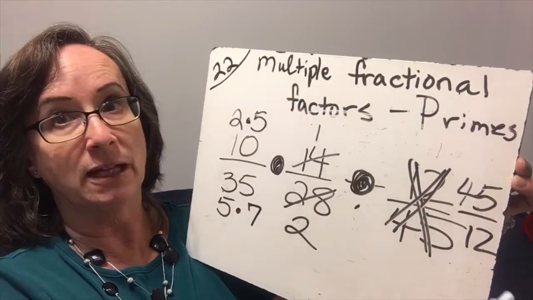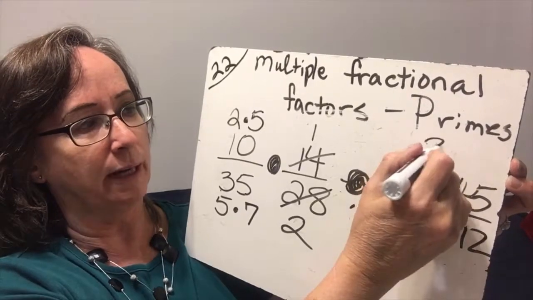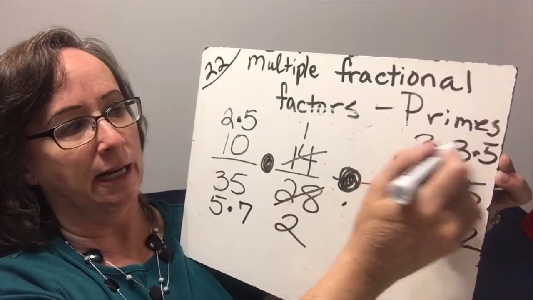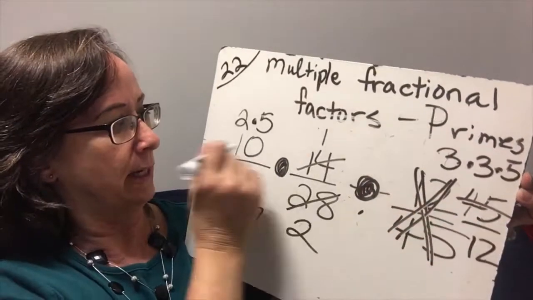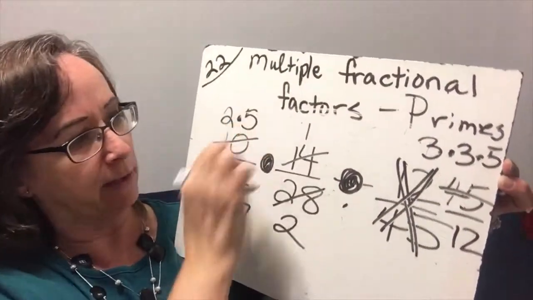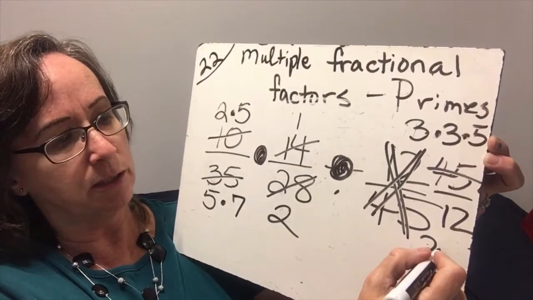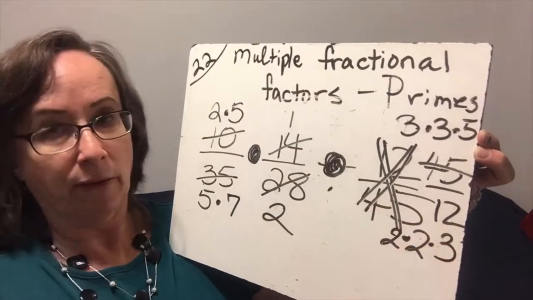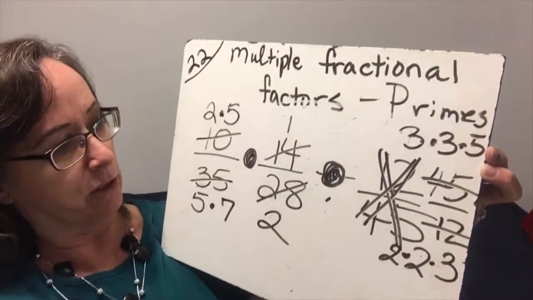Okay, 45 is going to be 15 times 3, so it's going to be 3 times 3 times 5, which is 9 times 5, which we know is 45. And then we'll cross that one out, that one out, that one out, because we factored them. And then 12 is 2 times 2 times 3. Okay, so we've gotten everything factored and we canceled out our original numbers.